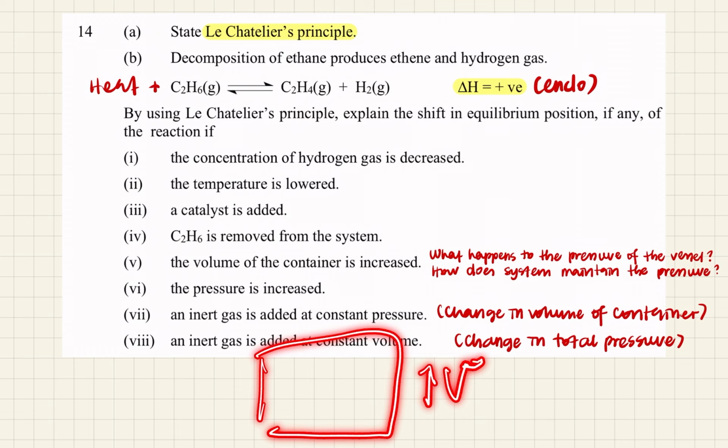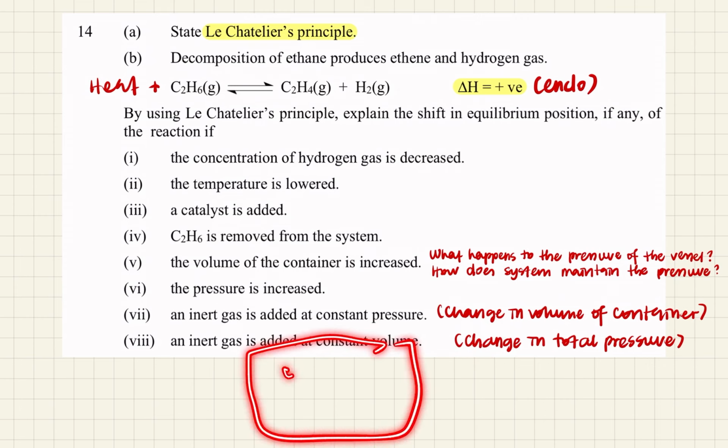The partial pressure of your reacting gases will decrease, kan? Sebab dia ada lebih banyak space. So each of the gas ni, dia punya partial pressure akan kurang. Okay, will decrease. So the overall pressure of the equilibrium mixture will also decrease.